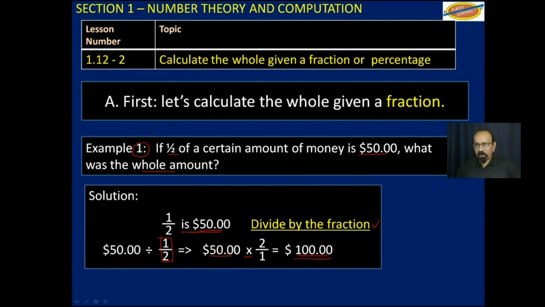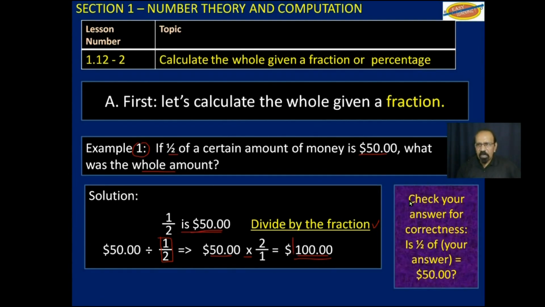Now that one was very easy, but it is the principle we are learning. So when we have numbers to deal with that are not so easy, we will apply the same principle. And then of course, once you get this answer, check your answer for correctness. Is half of the answer you get equal to $50? If it is, then you know that this answer is correct.